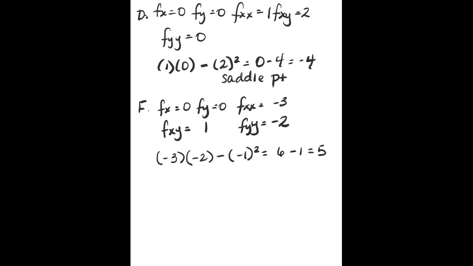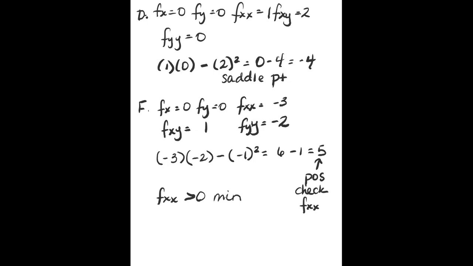Okay, anytime you get a positive, you then have to check fxx. Okay, fxx is going to change things. So if fxx is greater than 0, you get a minimum.